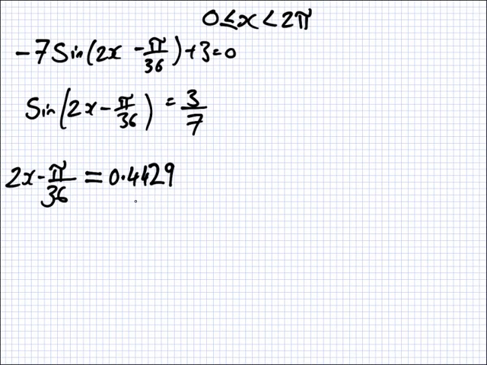Now, how do we get the second answer for sine? Yeah, question? How do we get 0.4429? Sine inverse 3 over 7. Oh, sine. Okay. How do we get the second answer for sine? Yeah, minus. But if we're using radians?